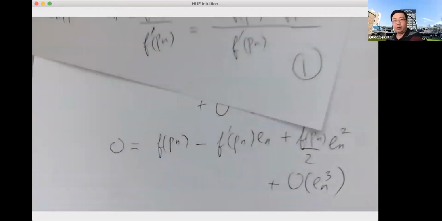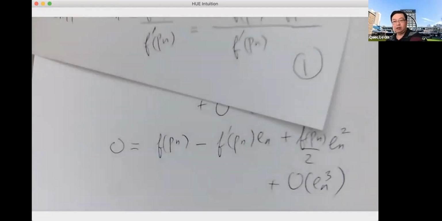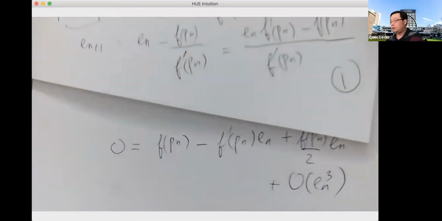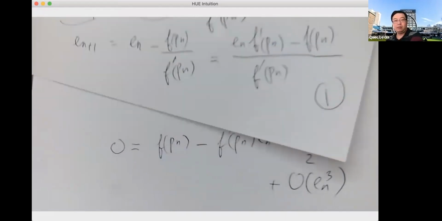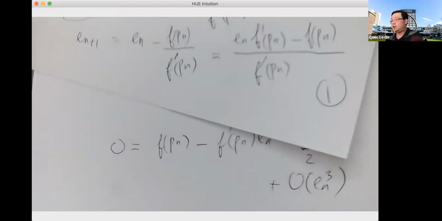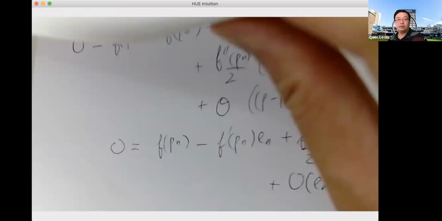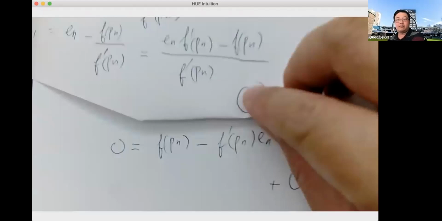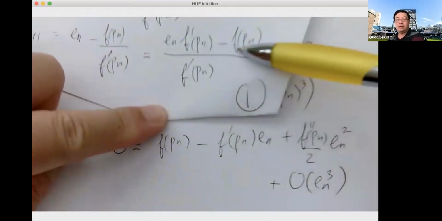You got En f prime(Pn) minus f(Pn), and here you have f(Pn) minus En f prime.